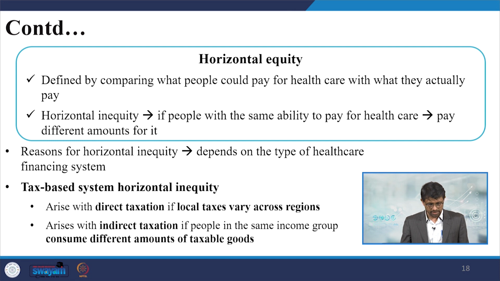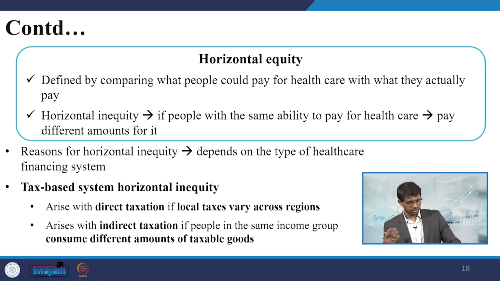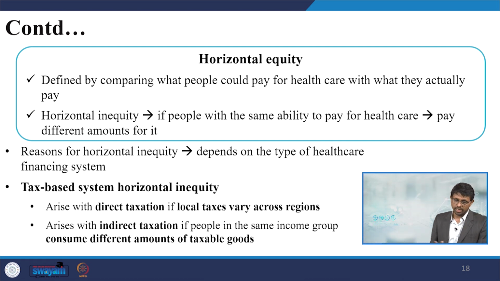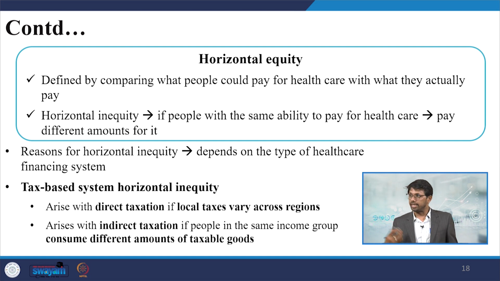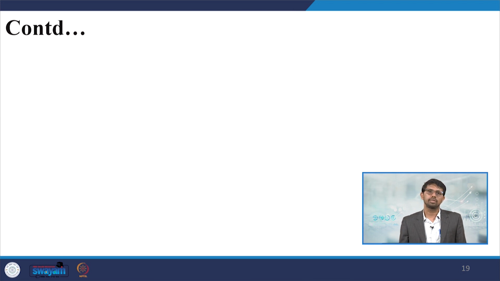Maybe it is due to the direct taxation structure, which varies from state to state or region to region, and this also arises due to the indirect tax structure, if people in the same income group consume different amounts of taxable goods.